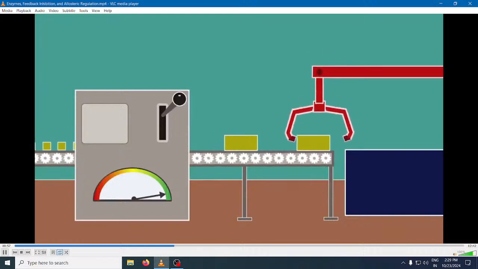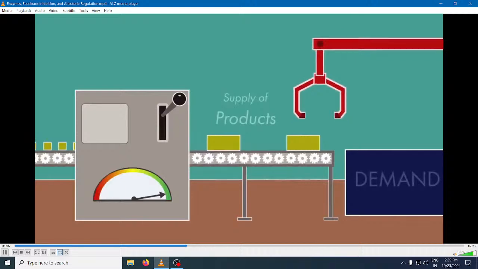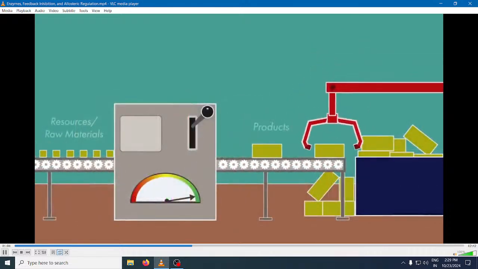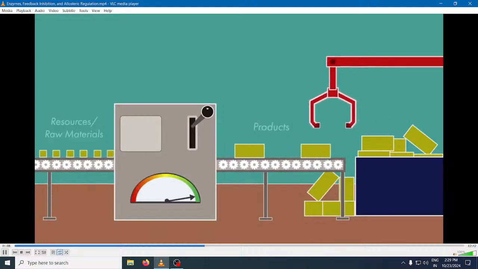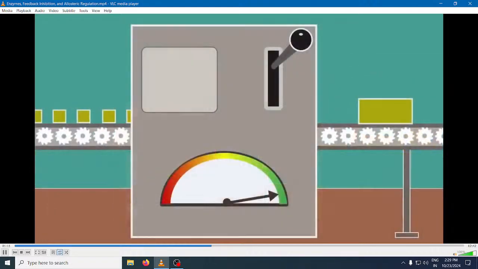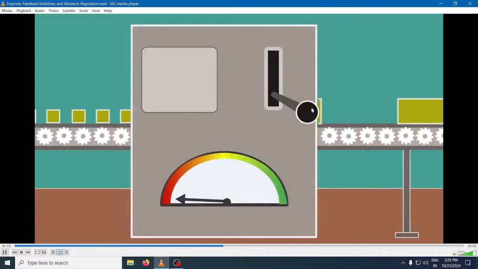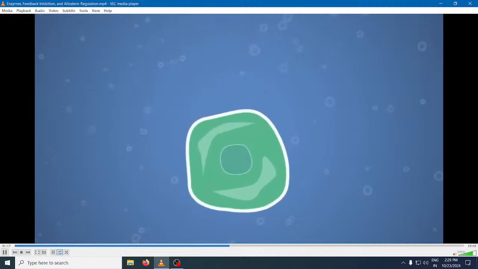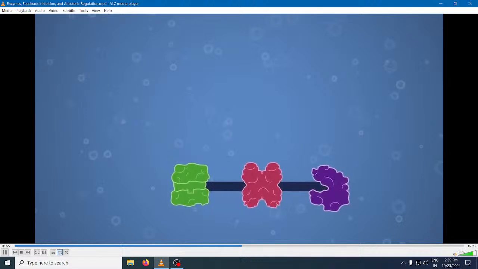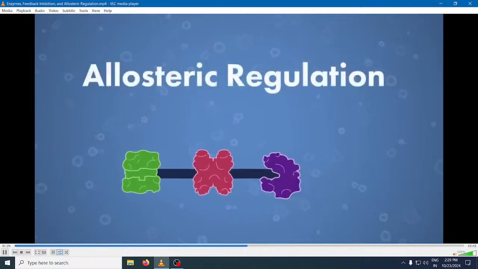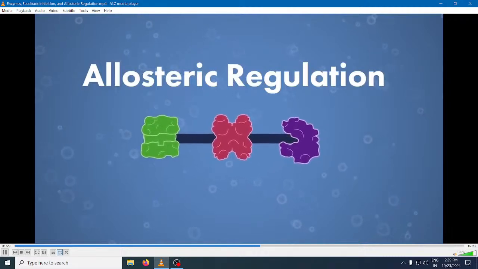The assembly line must be monitored to ensure that the supply of products does not exceed demand. If products are being created at a rate that is faster than they can be used, resources are wasted. The assembly line can produce at a slower rate or stop completely to prevent waste. In cells, this process is called feedback inhibition. Feedback inhibition is achieved through a process called allosteric regulation and plays an important role in many metabolic pathways.